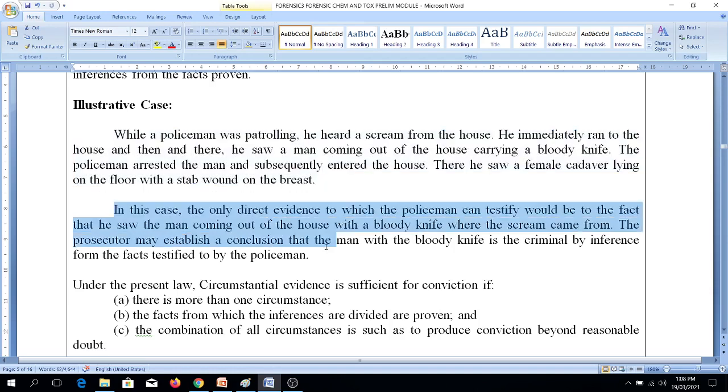In this illustration, the only direct evidence is what the policeman can testify to: that he saw a man coming out of the house with a bloody knife, where the scream came from. So the prosecutor may establish a conclusion that the man with the bloody knife is the criminal by inference from the facts stipulated by the policeman.